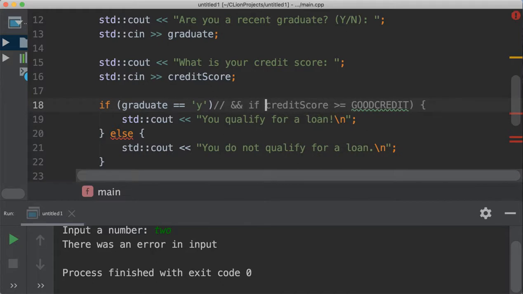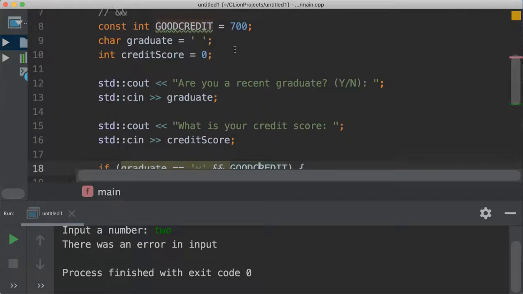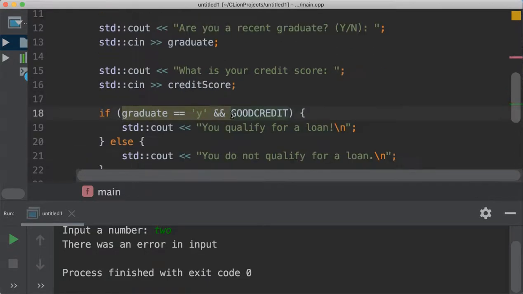If you can't put parentheses around it and get a good test, you can't pass this. It just won't work. For example, a common flaw would be to do something like this: graduate equals yes and good credit. Well, the trouble with this is good credit is always going to be true. It's a positive number. Therefore, this really wouldn't be a good test.